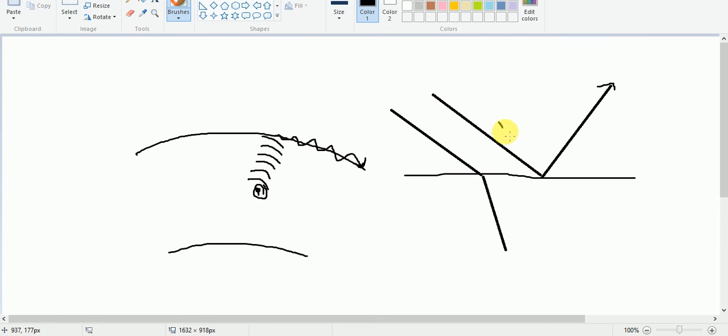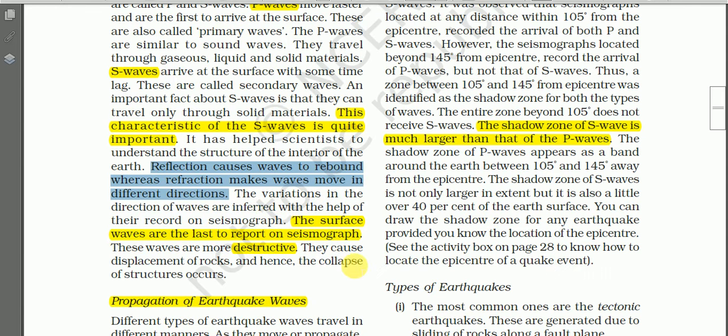Okay, this is called rebound. Whereas refraction causes waves to move in different directions, and the variations in the direction of waves are inferred with the help of their record on the seismograph that I have told you earlier. By analyzing the earthquake waves recorded on the seismograph, we can understand the nature of the Earth interior.